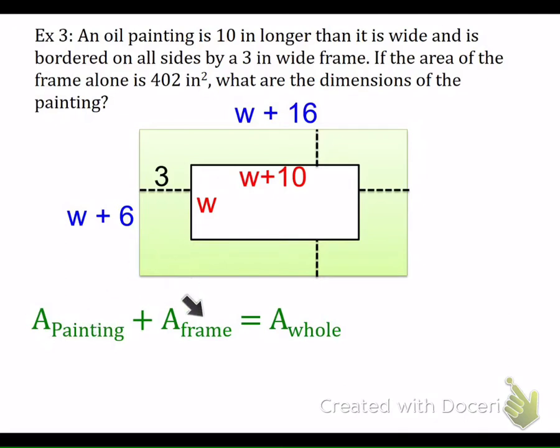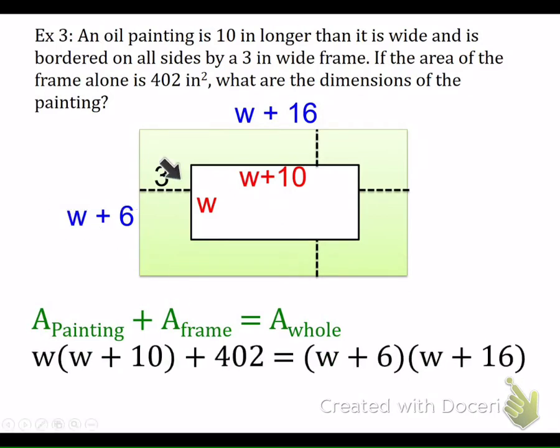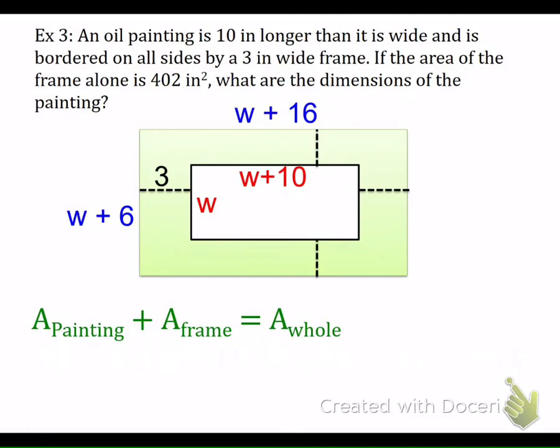Can I find the area of the frame all by itself? How would I do that? W plus 6 times W. Oh, I hit it too early. W plus 6. I'm going to back it up. These blue expressions would give me the whole area.